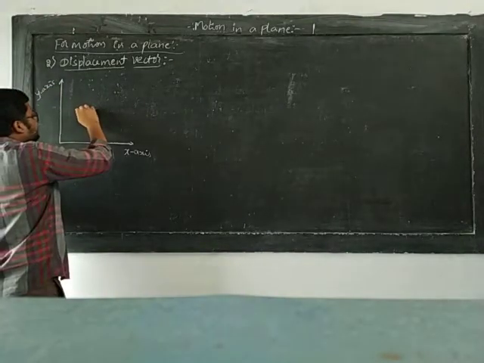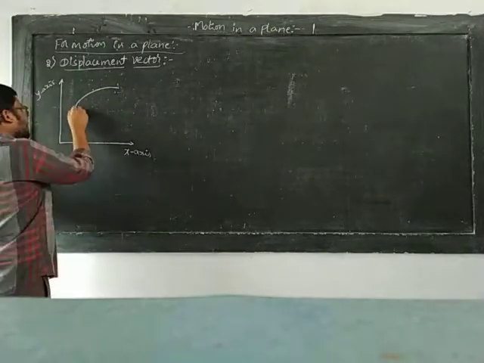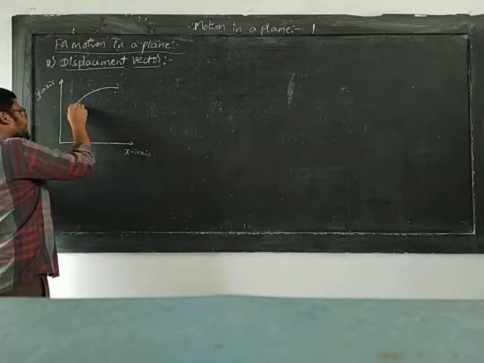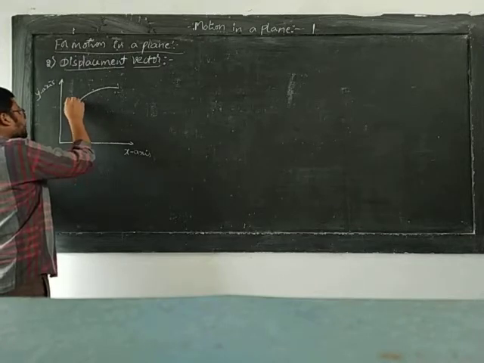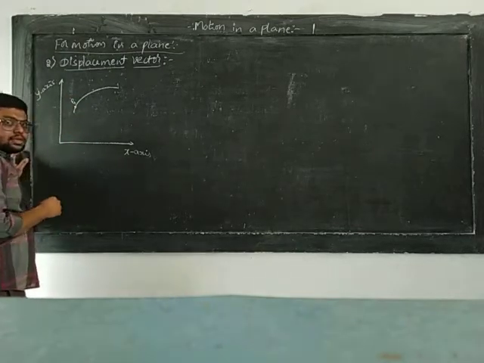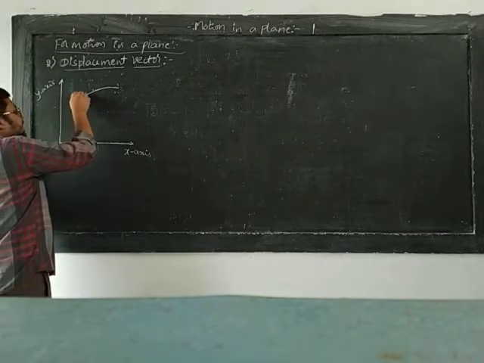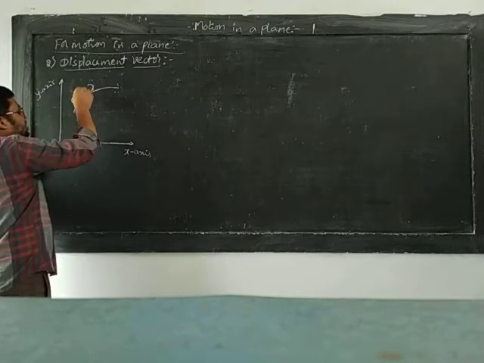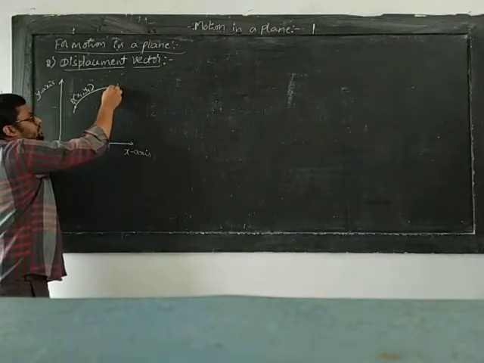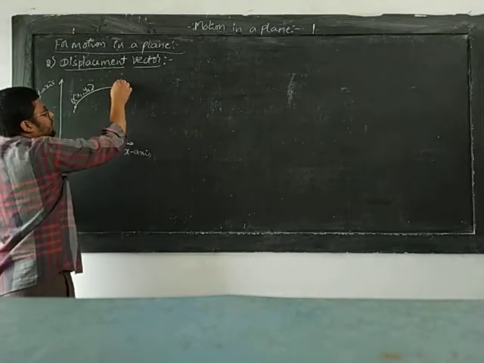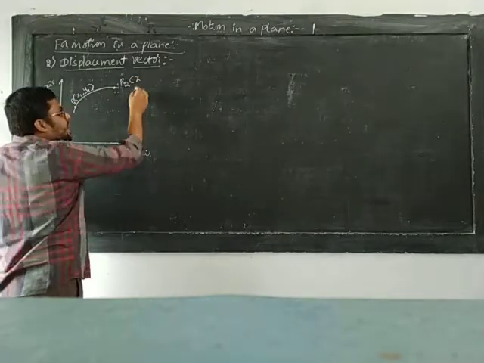Curved path means like this. Okay. So let me consider initially a particle at this position, that is P1, and here the corresponding values of x and y are x1 and y1. And finally the object has moved here. So this is the position 2, that is P2, with its coordinate values x2 and y2.